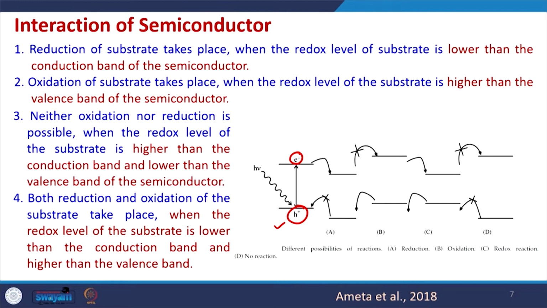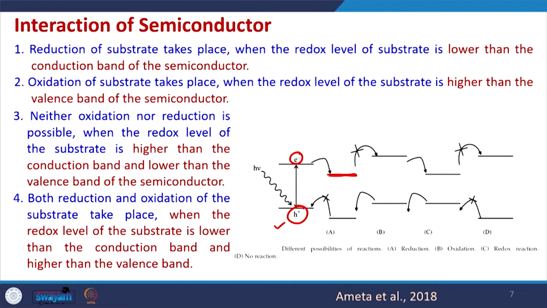Reduction of substrate takes place when the redox level of the substrate is lower than the conduction band of the semiconductor. If the redox level of the substrate is here, it is possible because the electron can go into this, but if it is at a higher state, it is not possible. So this is the problem.